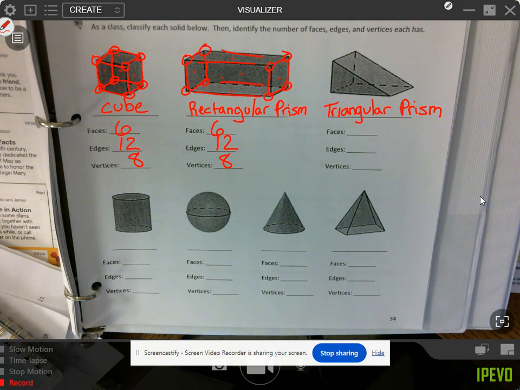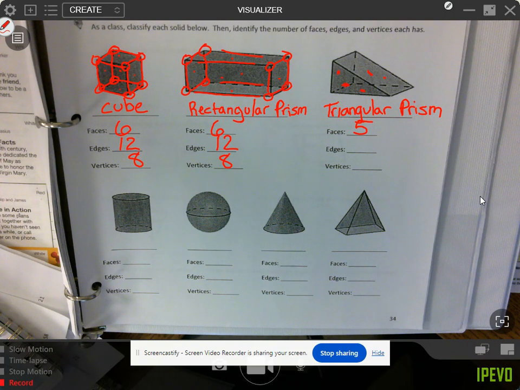If it has triangles as faces, it is a triangular prism. How many faces does a triangular prism have? Melanie? 5. It has this side, the top side, that back side. That's 1, 2, 3. The bottom is 4, and the back here is 5. So there are 5 faces for the triangular prism.